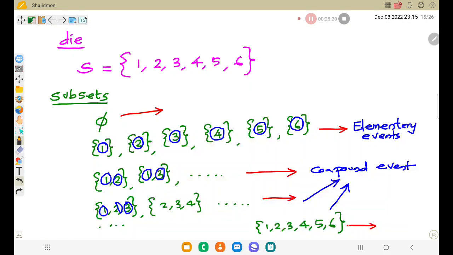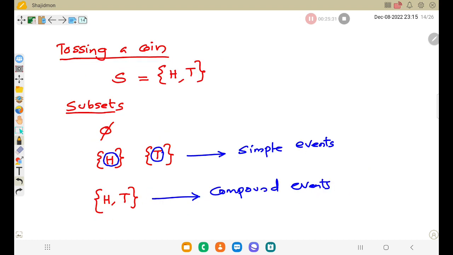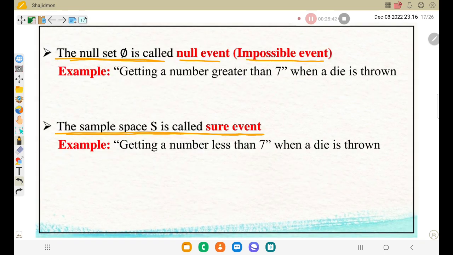It is not possible. For example, in this question, this example 5, see here, you can see one null set. This is what we are calling a null event. Or in this example, tossing a coin, we have one empty set here. This is the null event or impossible event.